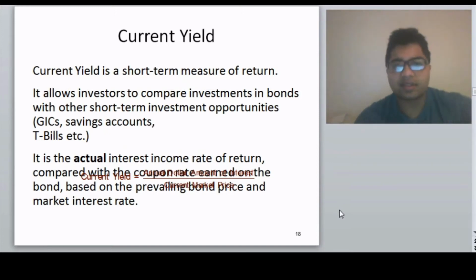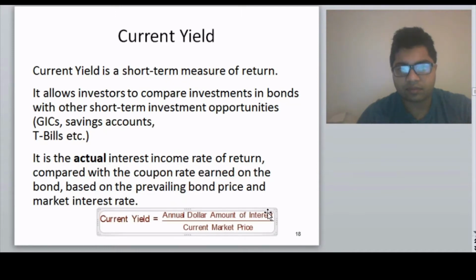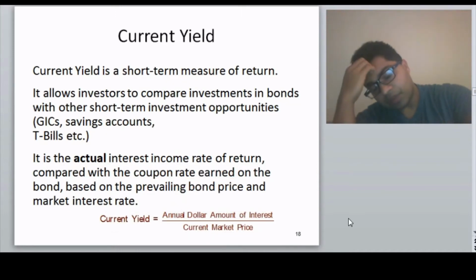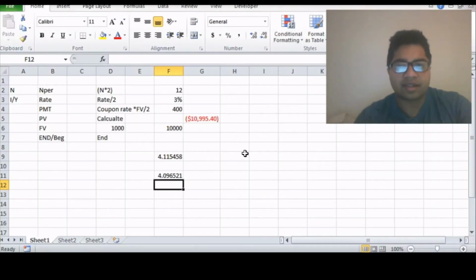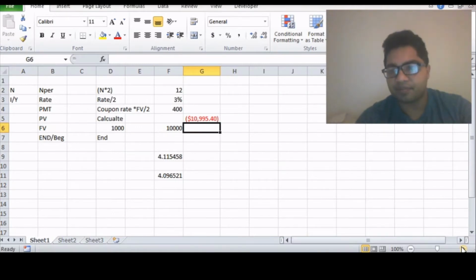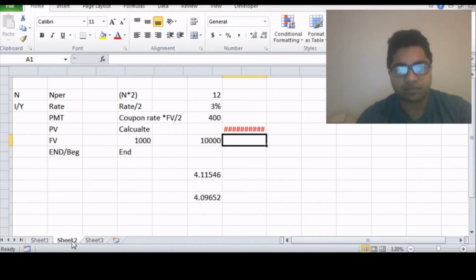Next is the calculation for the current yield. The current yield is a short-term measure of return. It allows the investor to compare investments in bonds with other short-term instruments. It is the dollar amount of coupon you are getting divided by the current market price. So there are two rates: one is the coupon rate and one is the current yield.